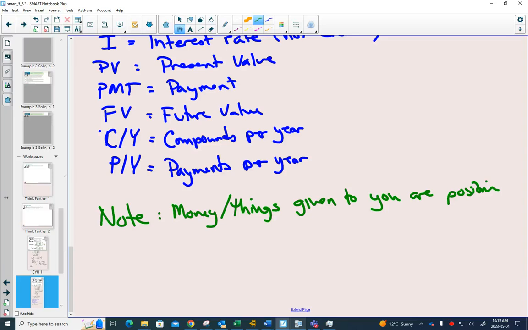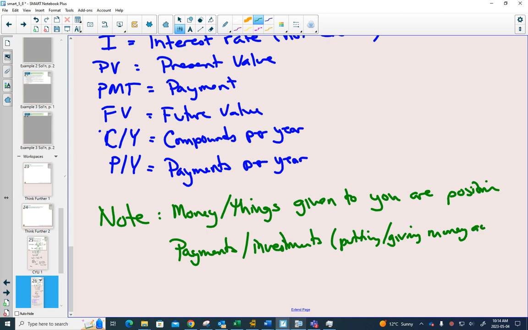Those always get put in as positive, and payments or investments, in other words, anytime you're giving money away, putting or giving money away is always negative.